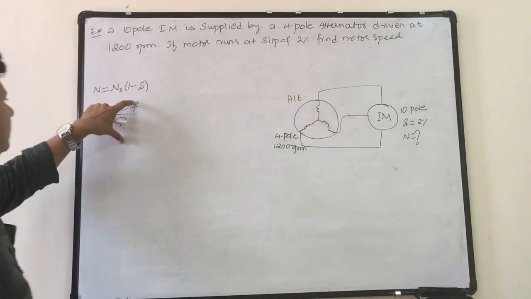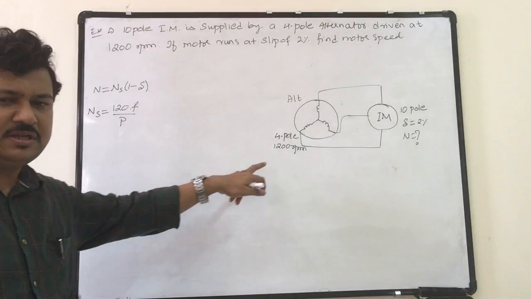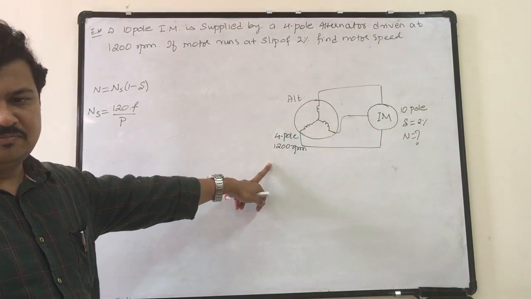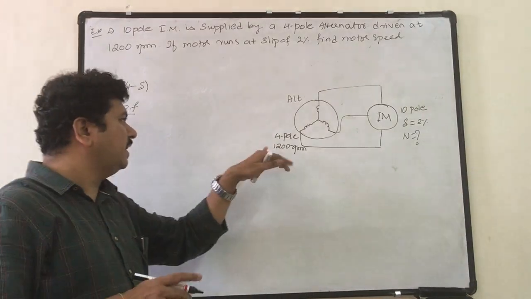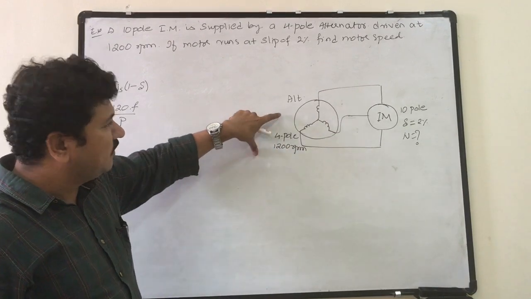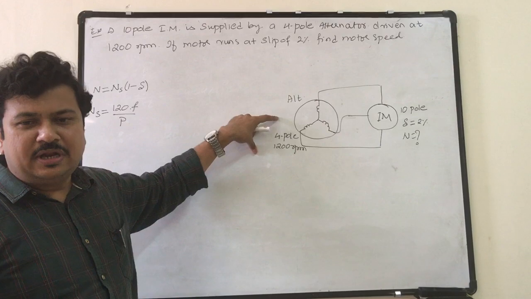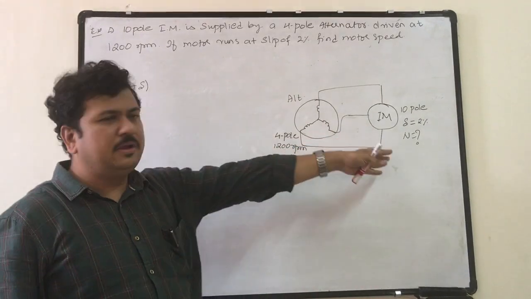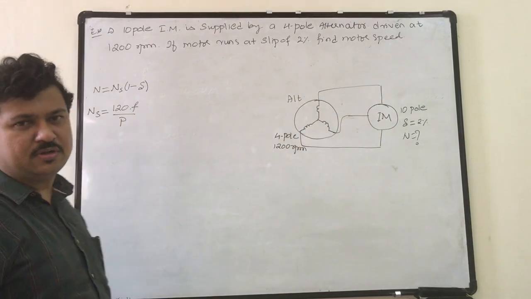But what is the frequency? F is the frequency of supply voltage, which is not mentioned directly. But it is given in the form of the alternator data. The frequency of EMF induced in the alternator will be the frequency of supply voltage of the induction motor, because this alternator is directly supplying the induction motor.